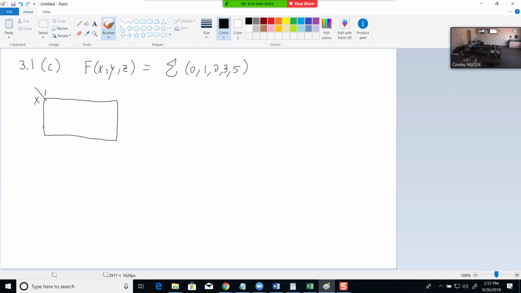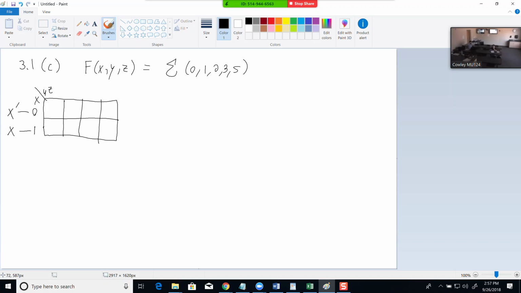So this is our x, this is our y and z. And this is 0 and 1. In terms of this, what's a 0? Prime?